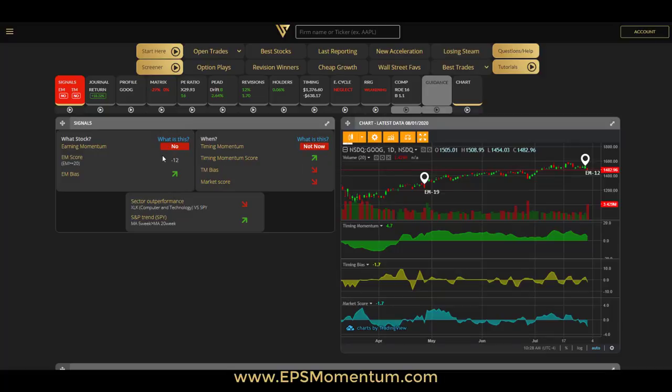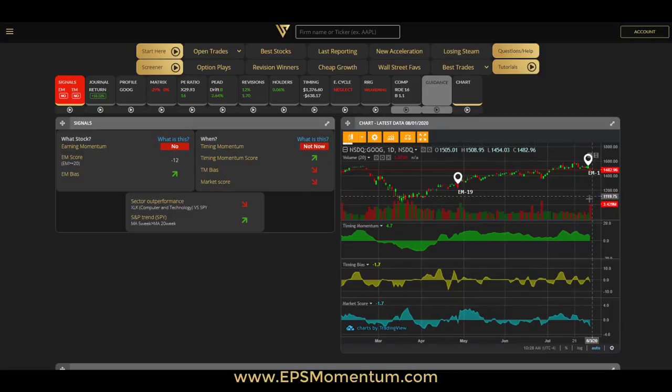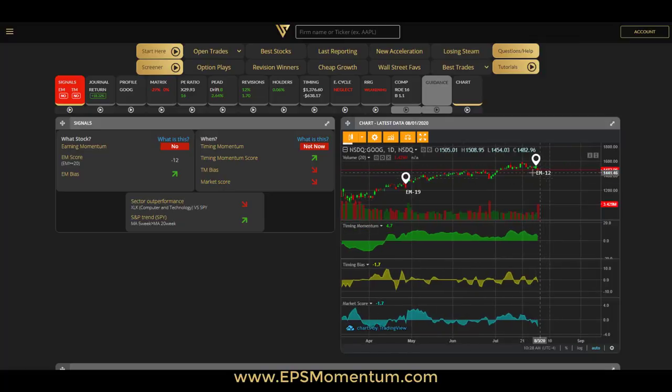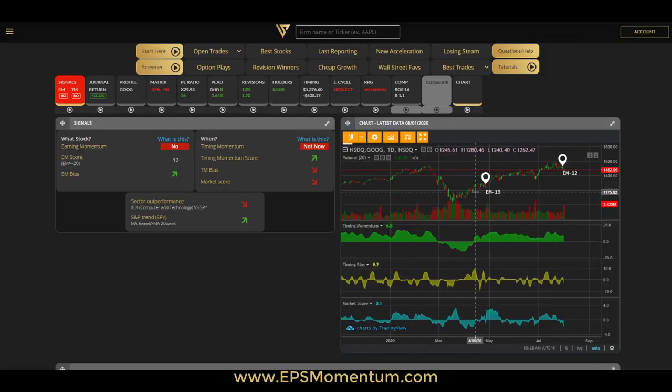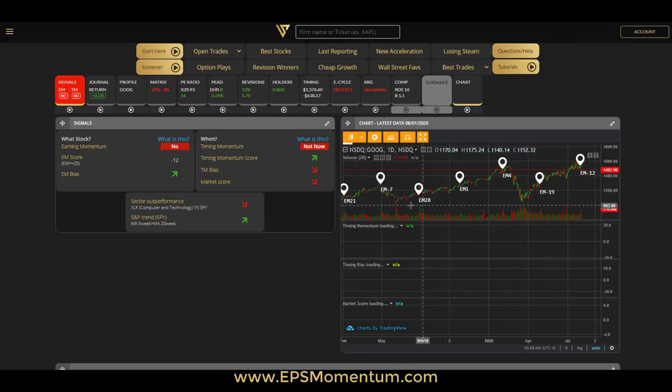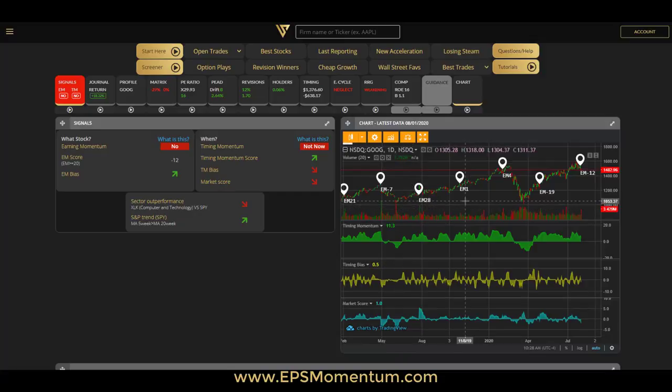So here it is. The strategy is very simple. You have the earnings momentum that is on the chart that you can see here, the EM. That EM is between minus 50 and plus 50. Everything above 20 is a good sign that there is a significant momentum, so we can see it here.